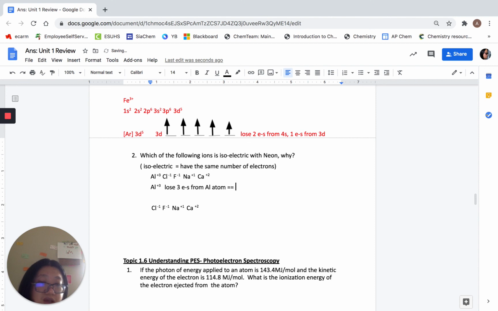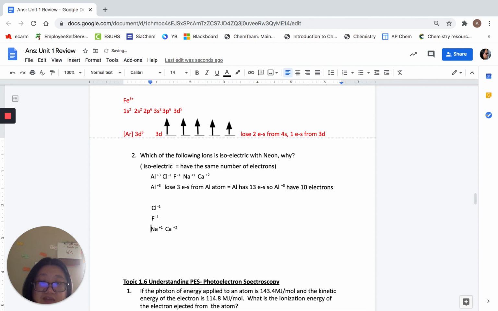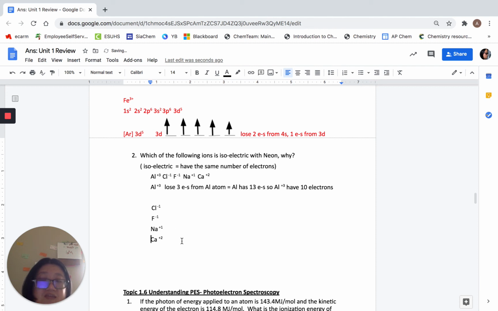Okay, so Al has basically 13 electrons. So Al plus 3 has 10 electrons.